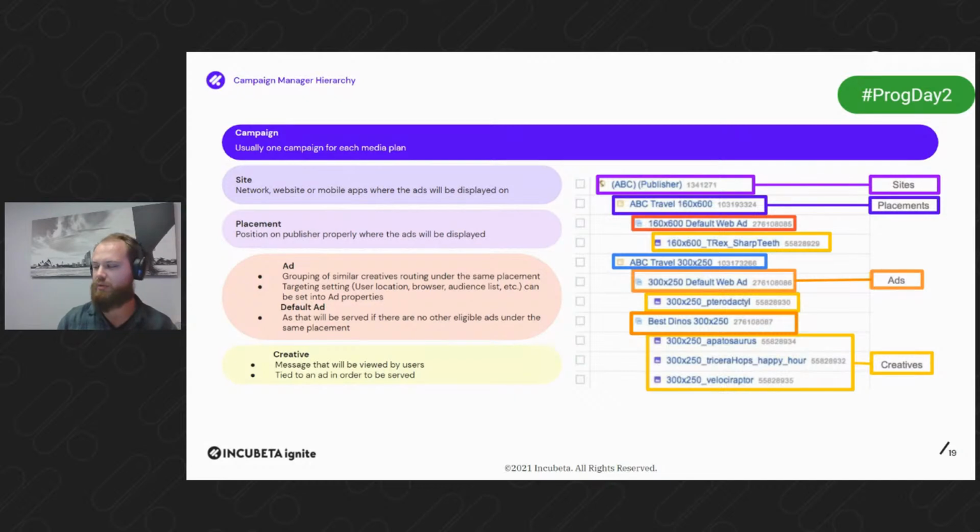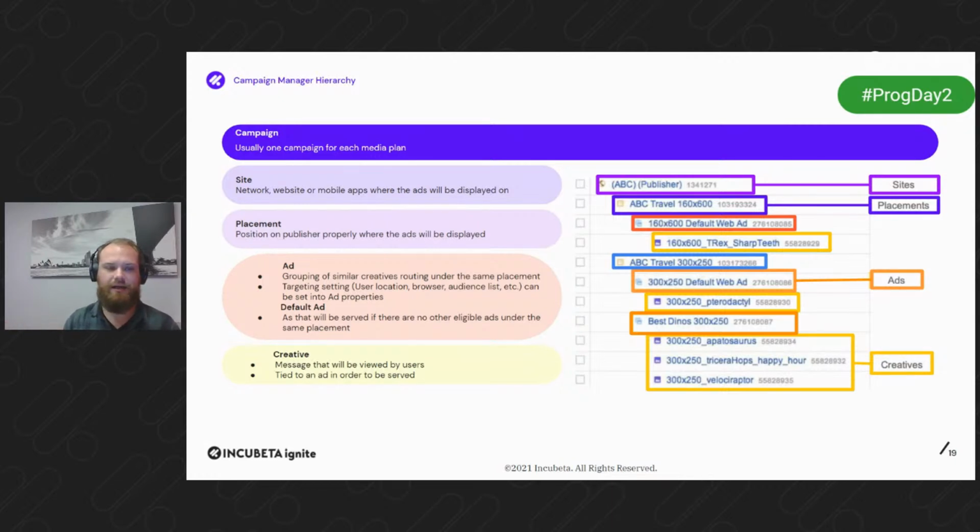So we can see right at the top, we've got ABC Publisher, and that's the site. Just for a little key, it has a little globe next to it. Each of these different levels has a little icon just to help you visually recognize the difference. And then each of these items has an ID as well, and that ID can be quite important when looking at data on a large scale.